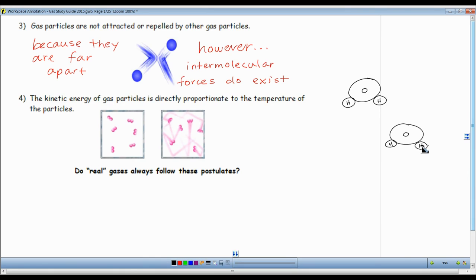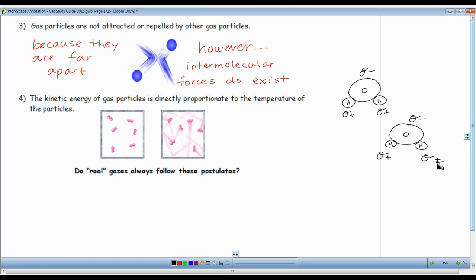Water can be in the gas phase, and we know that water molecules are polar, meaning that the oxygen end is partially negative and the hydrogen end is partially positive. The oxygen is negative, the hydrogen is positive. It's a polar molecule. The bonds between the hydrogen and oxygen are very polar, and they're not arranged evenly around that center oxygen.